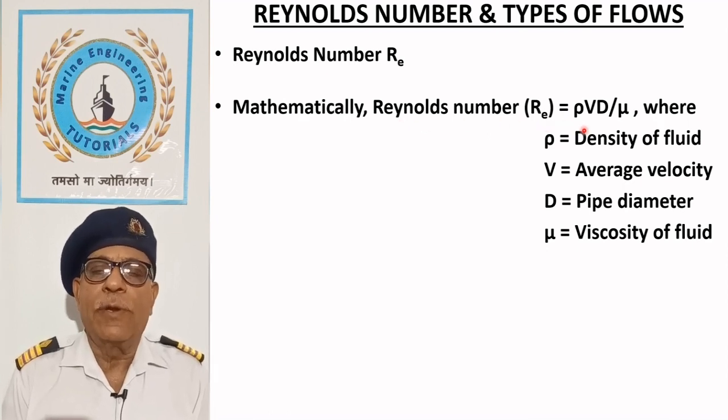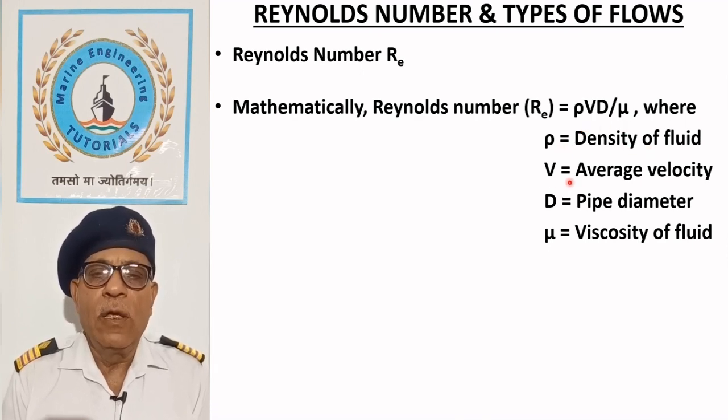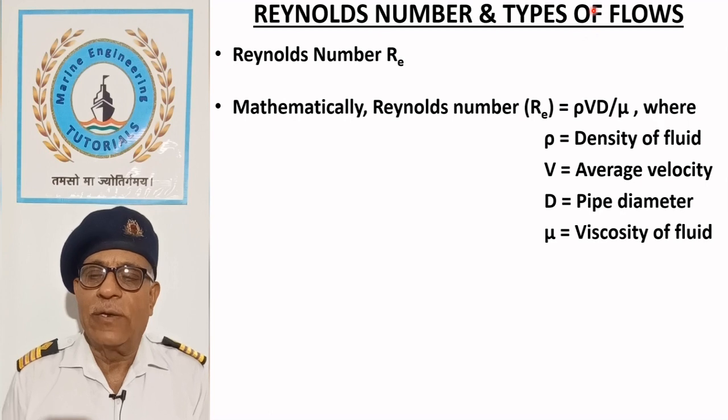Mathematically, Reynolds number can be written as rho Vd by mu, where rho is the density of the fluid, V is the average velocity, D is the pipe diameter, and mu is the viscosity of fluid.